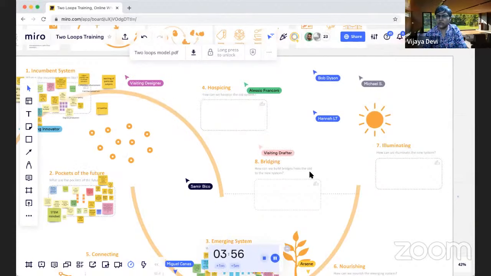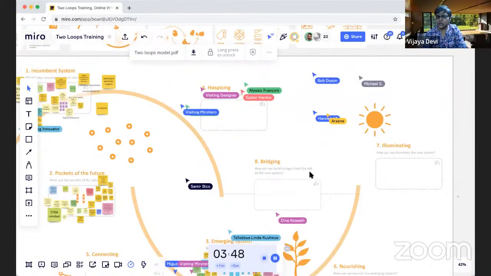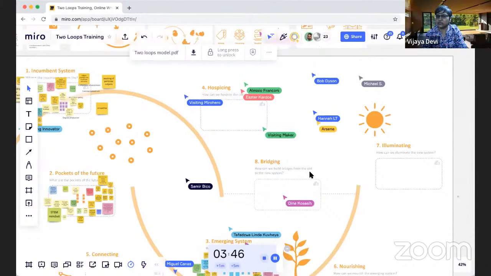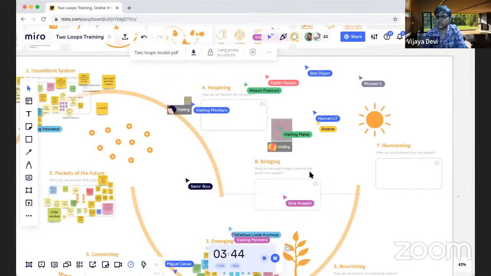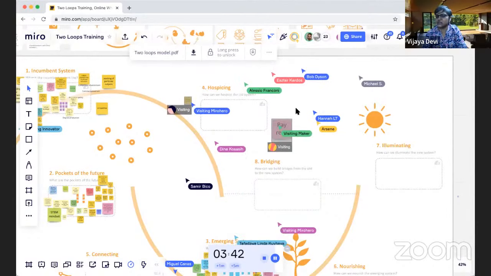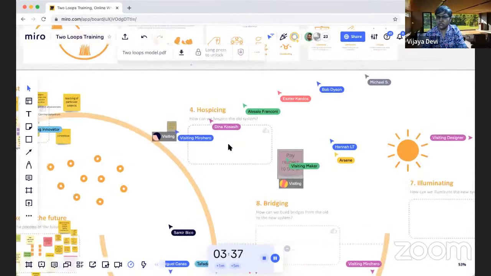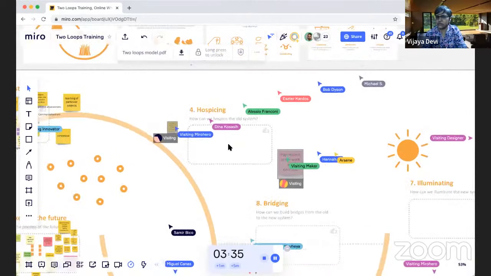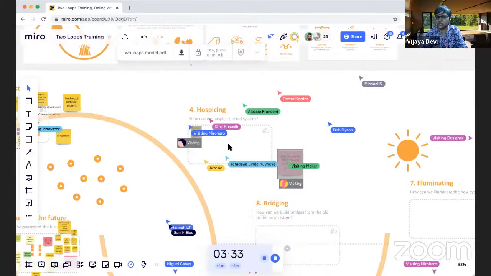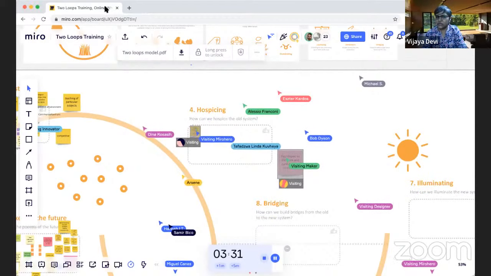What are some of the ways in which we can develop alternative narratives that will help these members accept the new reality and let go of the past, because this system is in its decline? So what are some of the ways in which we can hospice the members of this incumbent system and also the entire organization?